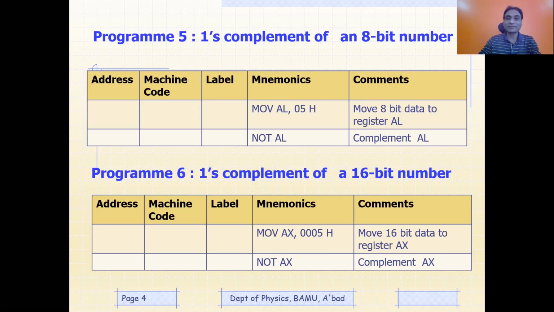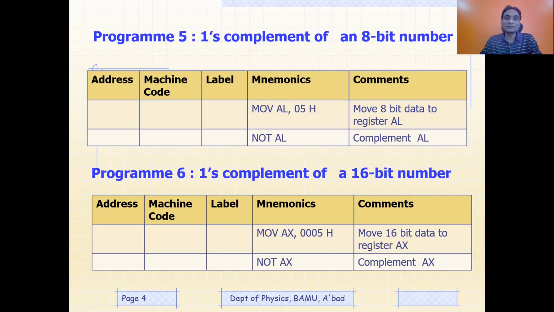Let us go ahead. Now write a program to get the 1's complement of an 8-bit number. Again, a single data item, so you need only one register, and you need to identify the instruction which will get the 1's complement of the number. We know that in 8085 and 8086 we have the NOT instruction.